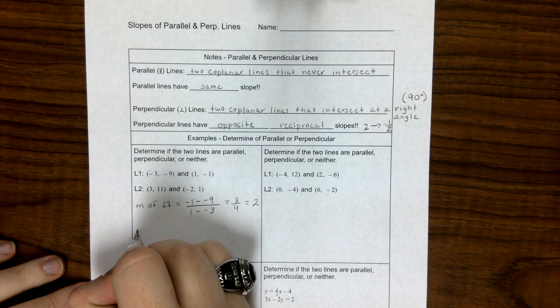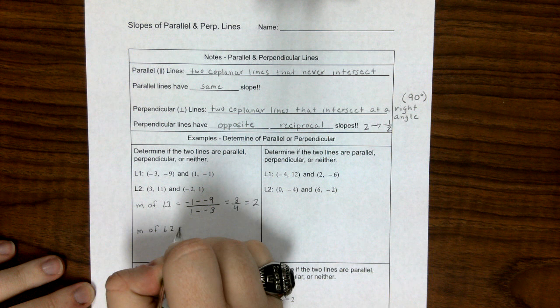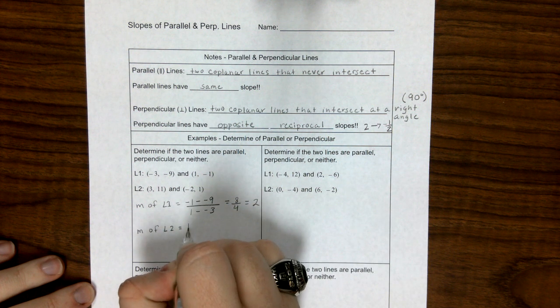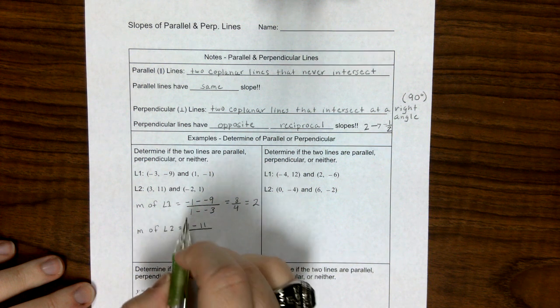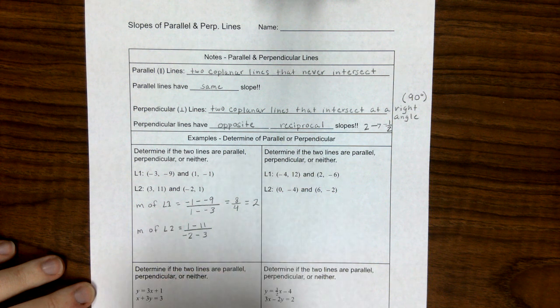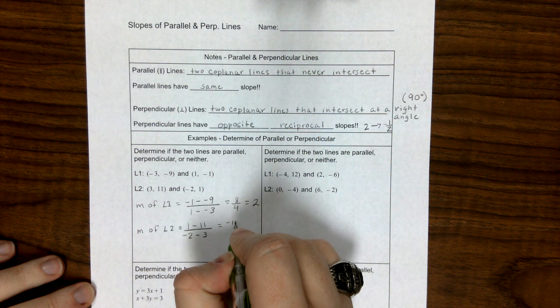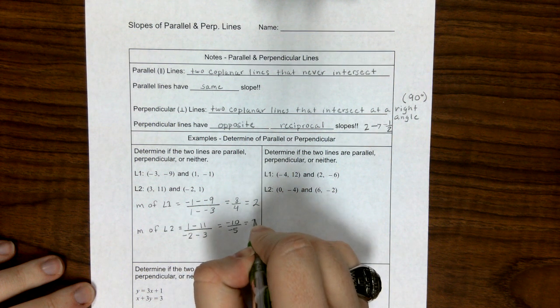All right, let's look at the slope of line 2. So we come to line 2, y2 subtract y1 over x2 subtract x1, and we do our reducing, we get negative 10 on top, negative 5 on the bottom, which reduces to another 2.